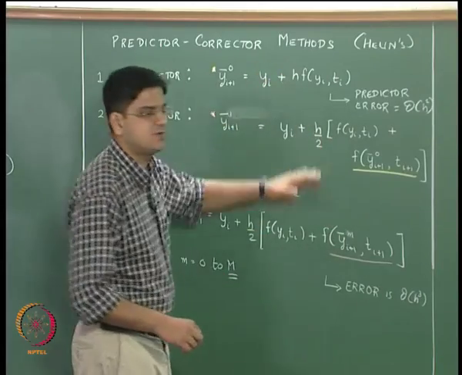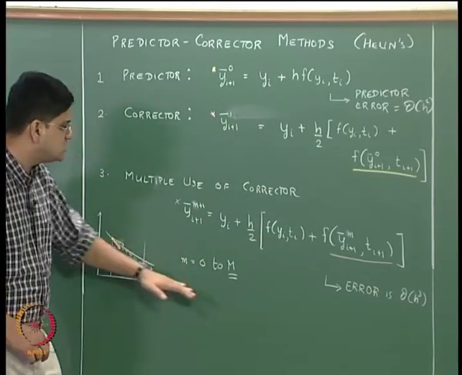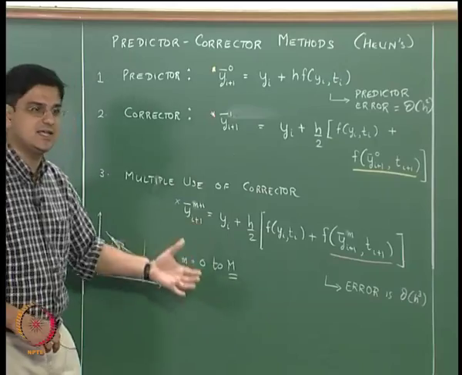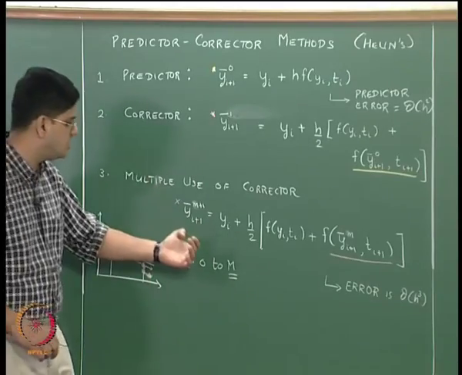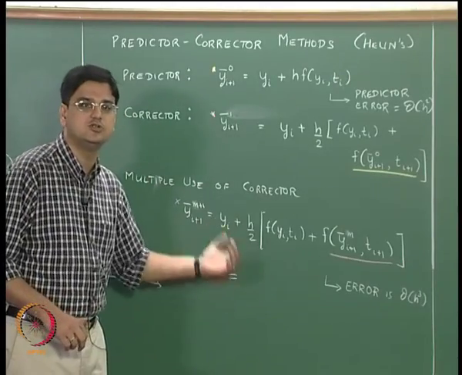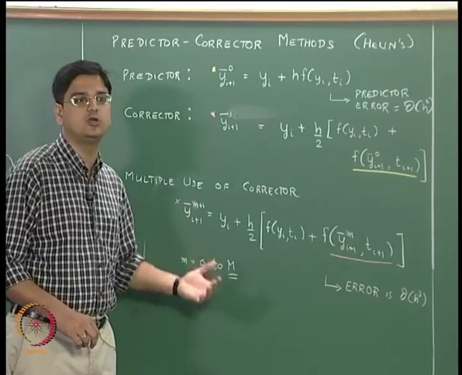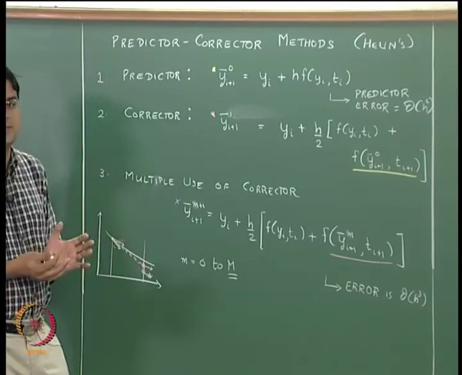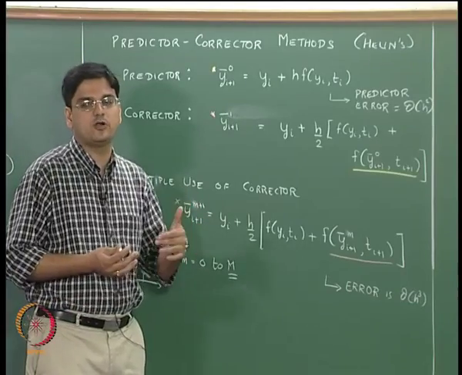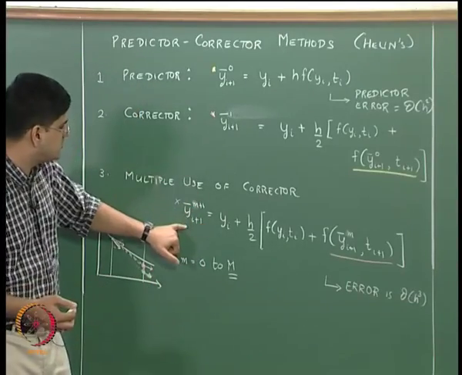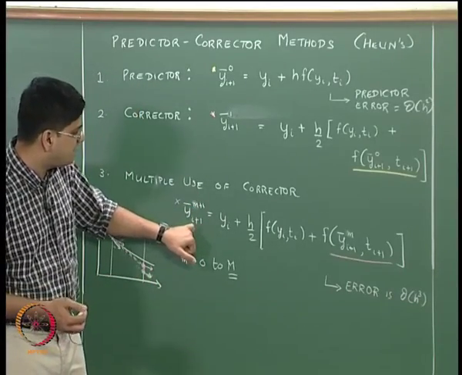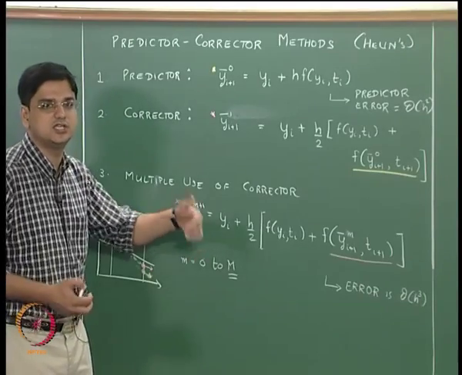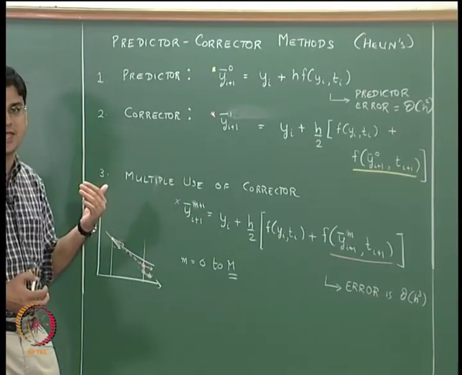if this Heun's method was repeated a large enough number of times, in that case what will happen is that if there is convergence, then Heun's method will converge to a totally implicit method. Okay. Why that is so is what I mean by that: every time we use this particular equation, y bar m plus 1 is changing compared to y bar m. Okay.